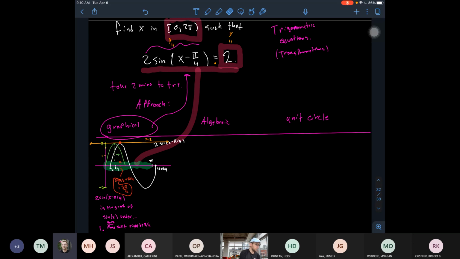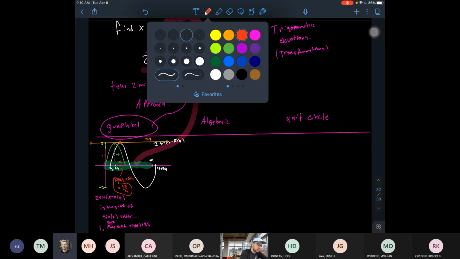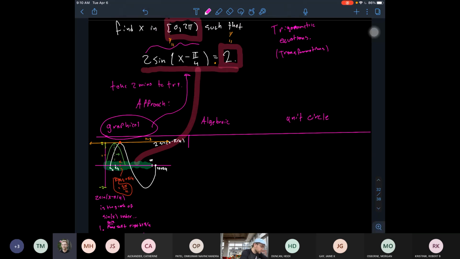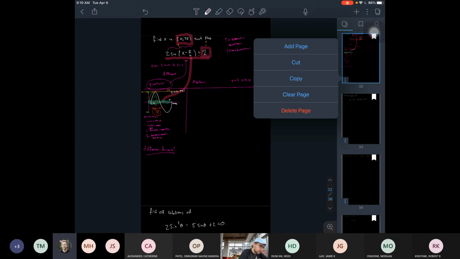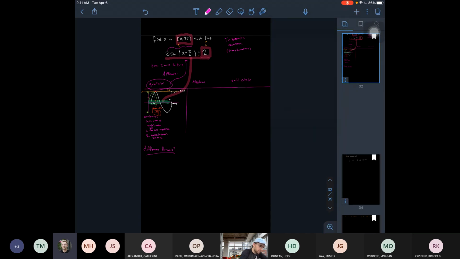Okay. Maybe let's talk over the algebraic approach now. I'm actually going to run out of space. I better add a page, and we'll do the algebraic approach next.